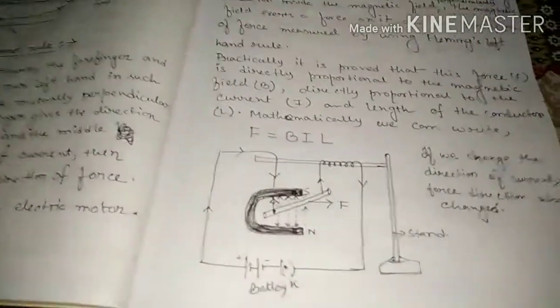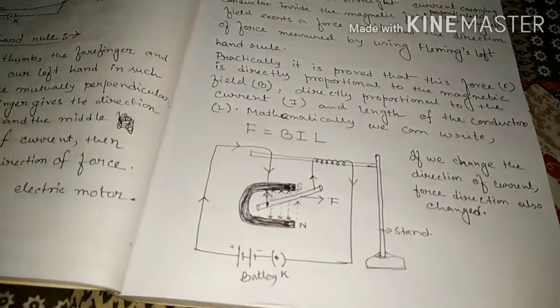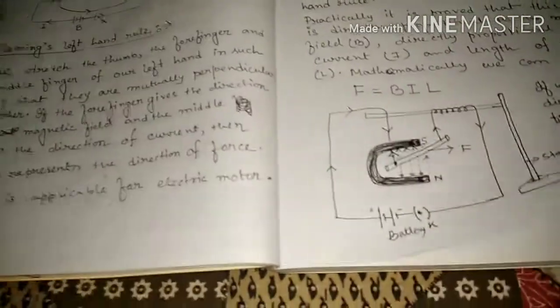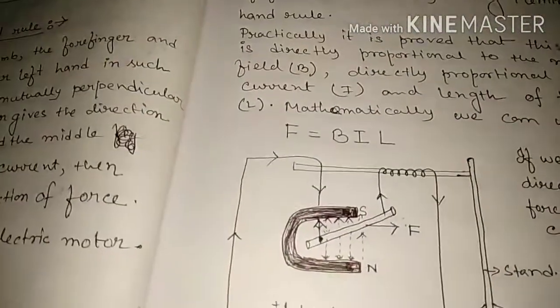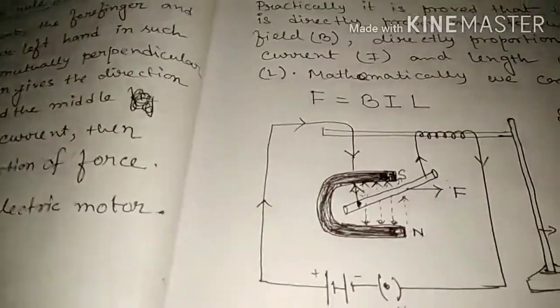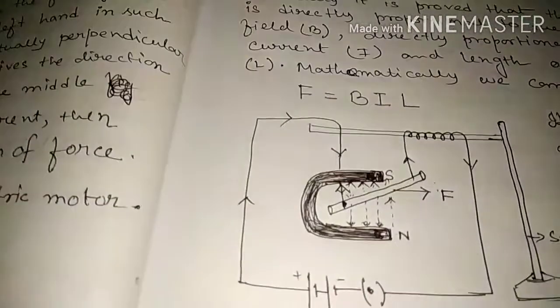It is also proved that if we increase the strength of the magnetic field, the amount of current, or the length of the conductor, the force exerted on the conductor also increases. That means the magnitude of the force also increases.